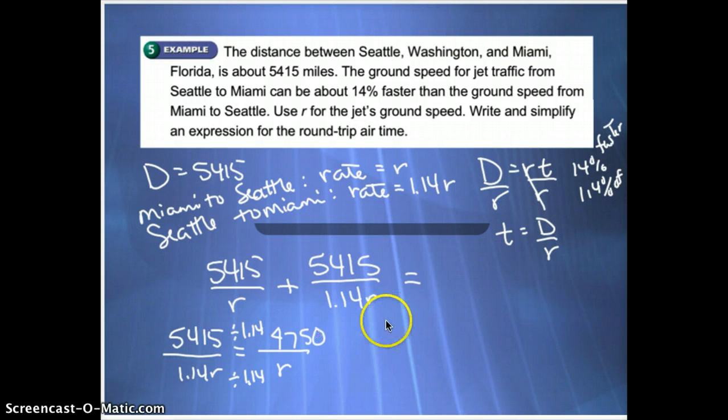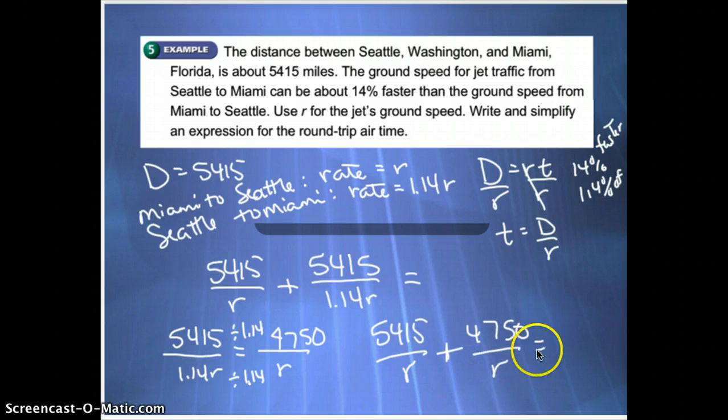Okay, so now I have 5,415 over R plus 4,750 over R, and now I can just add my numerators and keep my denominators. I get 10,165 over R. That's going to be my expression for my round trip time, T. All right, so we'll practice this more in class. Hopefully this gives you a little feel for how it's working.